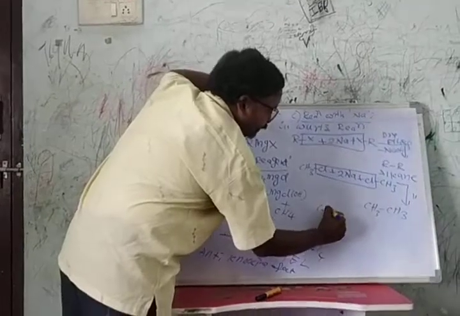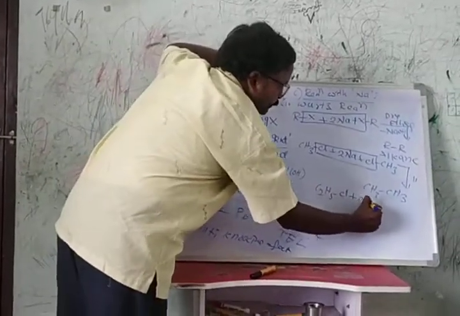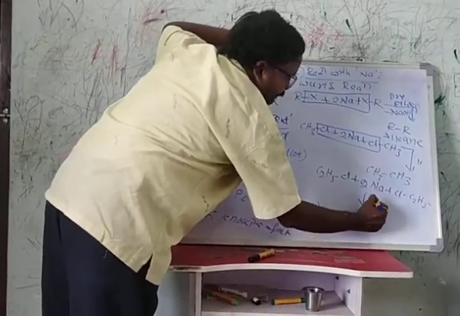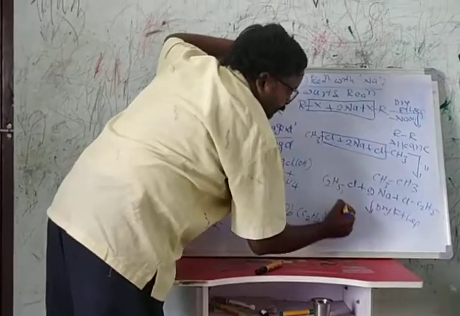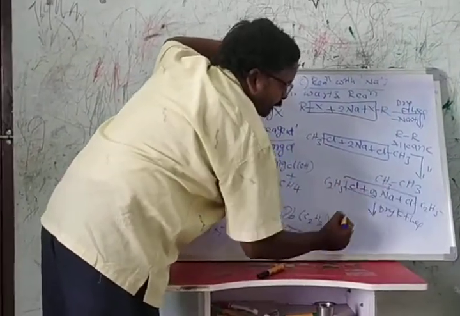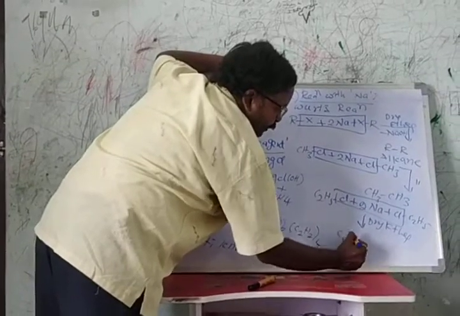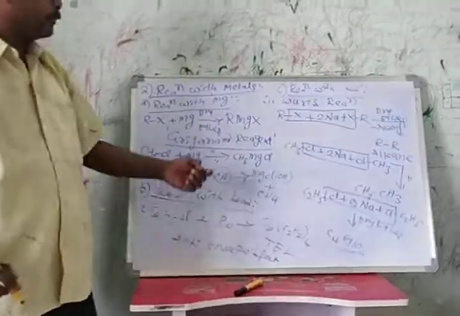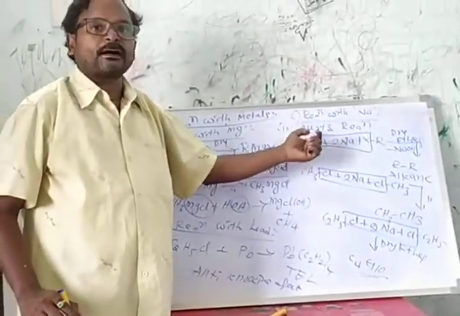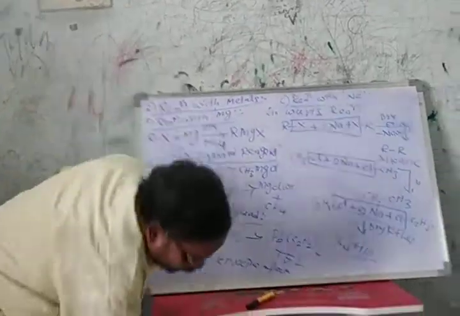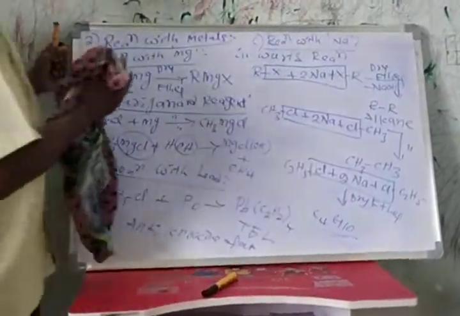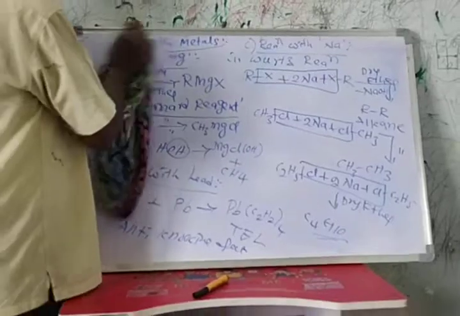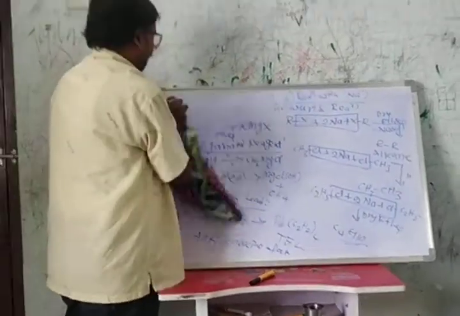If you take 2 moles of ethyl chloride in the presence of dry ether, it loses 2 moles of sodium chloride and forms C4H10, which is called butane. So what is the Wurtz reaction? 2 moles of alkyl halide react with sodium metal in the presence of dry ether to form higher alkanes. This is the Wurtz reaction.